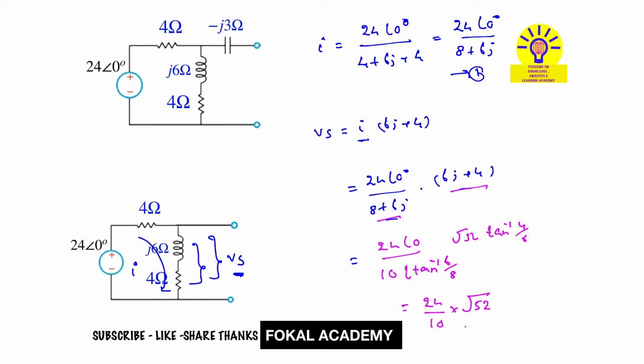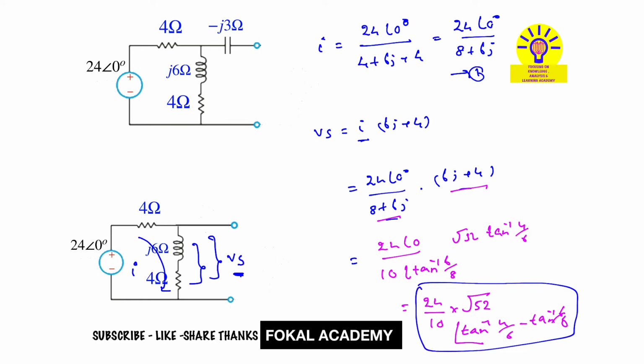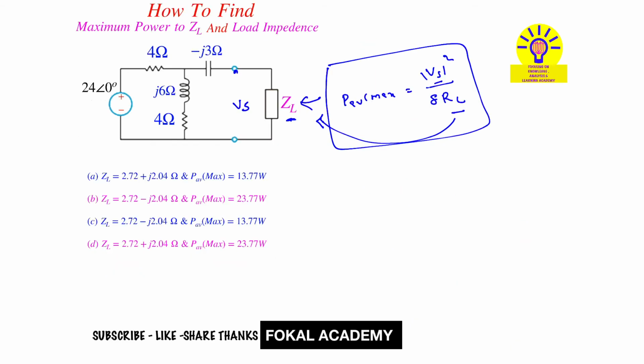Here the phase is tan inverse of 4 by 6 minus tan inverse of 6 by 8. So this is the angle. By using a calculator we get 17.31 with angle 19.44 degrees. So this is the voltage Vs: Vs equals 17.31 angle 19.44 degrees volts.